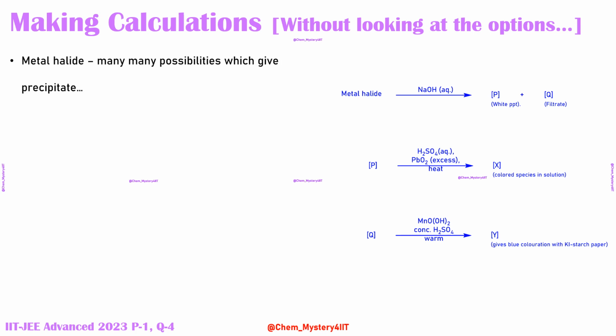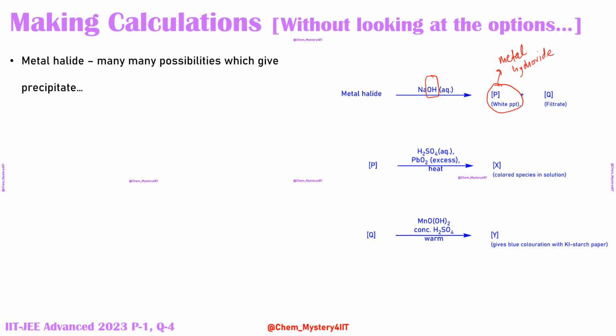For the white precipitate of the metal over here, there are many possibilities. Like many of the metal hydroxides, and it is very obvious that if you are reacting with sodium hydroxide, then this is possibly going to be some metal hydroxide precipitate. Although some other possibilities could also have been there, we can rule out those possibilities in a moment.